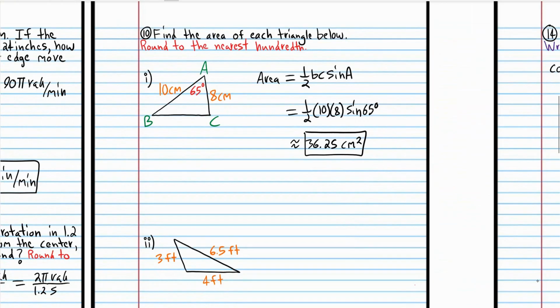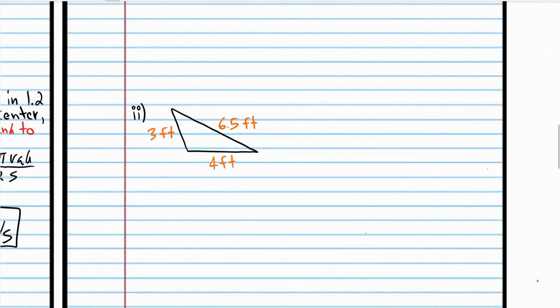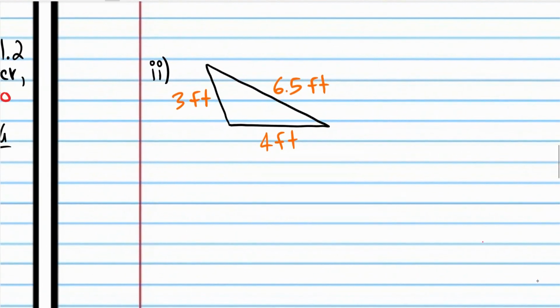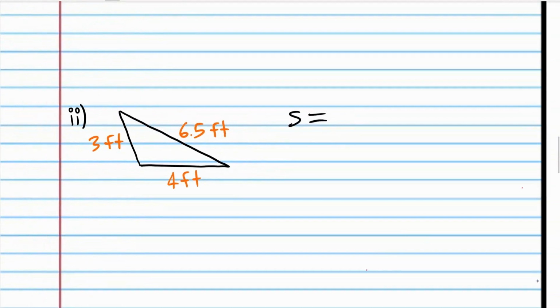Have you got that right? Excellent. Okay, try part 2. Again, you're going to round off to nearest hundredth place. When you come back, we'll do it together. Okay, we're back. So when you have all three side lengths of a triangle and no angle measures, you want to use Heron's formula.